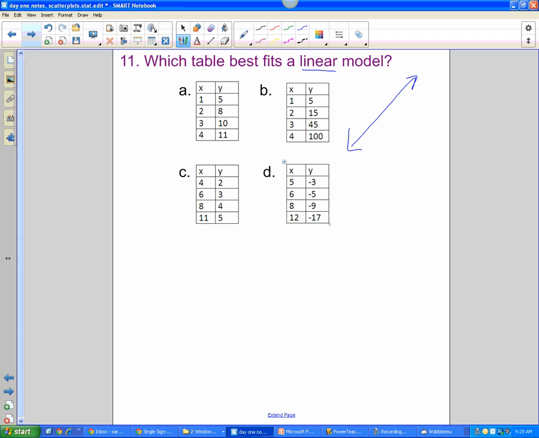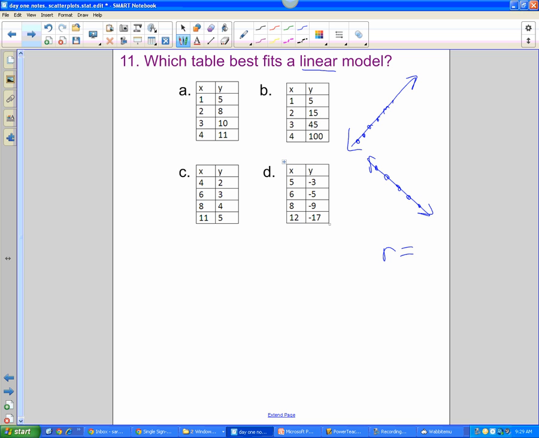So we want to know which one of these would be closest to a straight line if we plotted them on a graph. What would their correlation coefficient, what would their R value be if all the points were on the line? It would be really close to what?